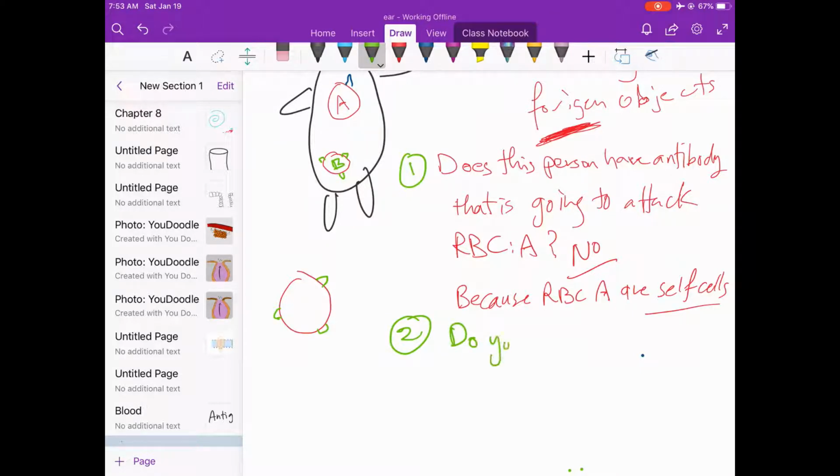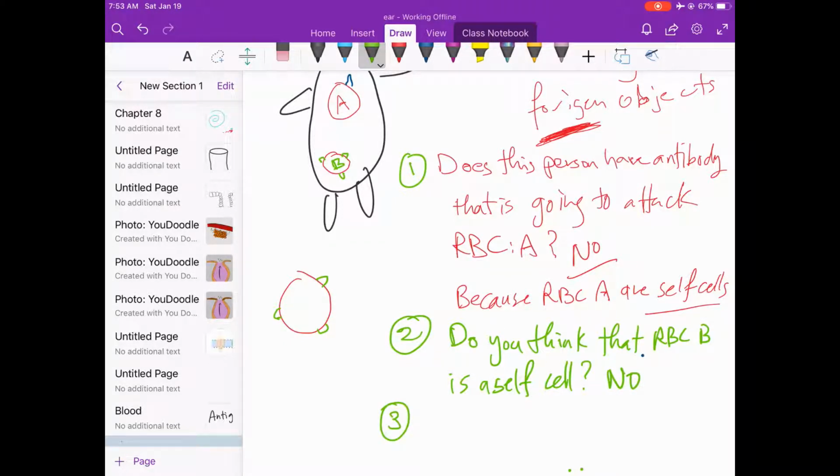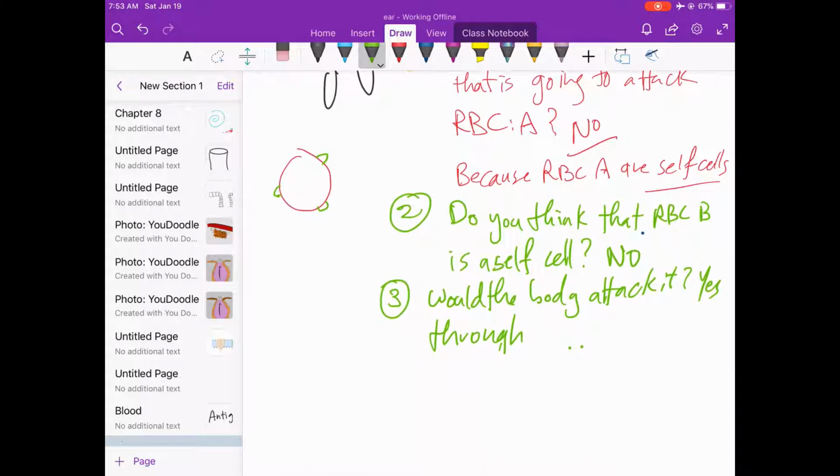Do you think that red blood cell B is a self cell? No. Right? So the third question, does it make sense, or would the body attack it? Yes, through antibody.